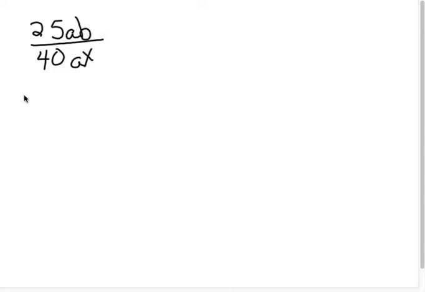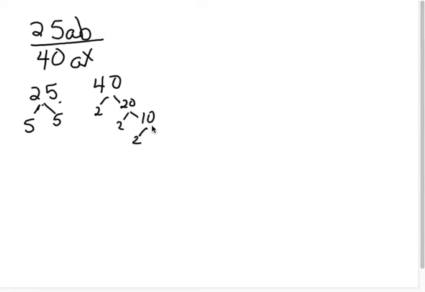Okay, so there are two ways to solve this problem. Both of them require factoring. Unfortunately, this is a pretty quick factoring tree here. And 40 isn't too bad. It's going to be 2 and 20 and 2 and 10 and 2 and 5.